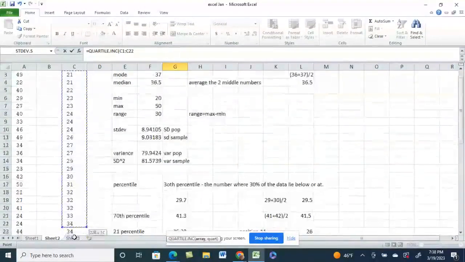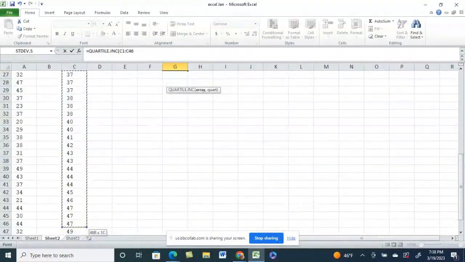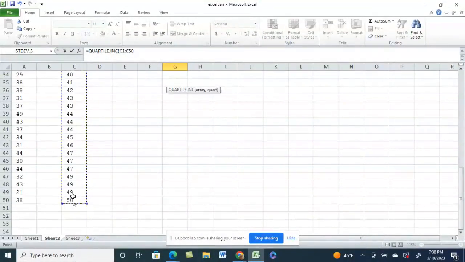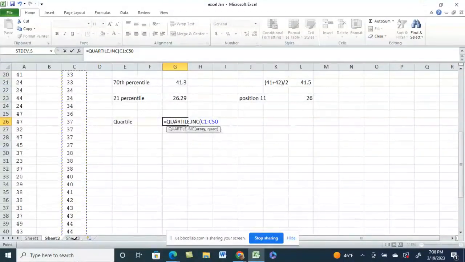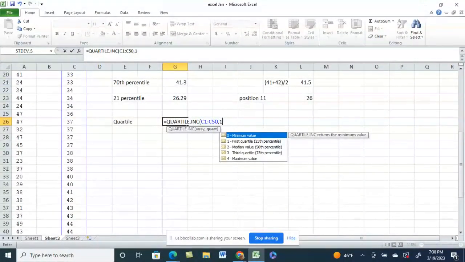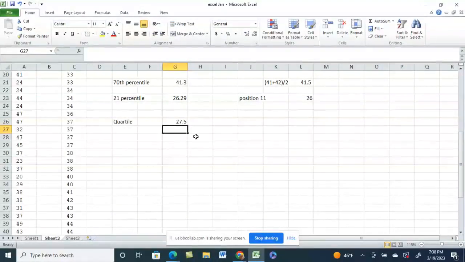I'll show you how to use the quartile. We're going to use the inclusive, and then we just do comma 1. Look at the directions. The 1 is the first quartile, which is the 25th percentile. Those are the same thing. But here you don't use 0.25, you just use 1, because Q1 is the shortcut to say that.